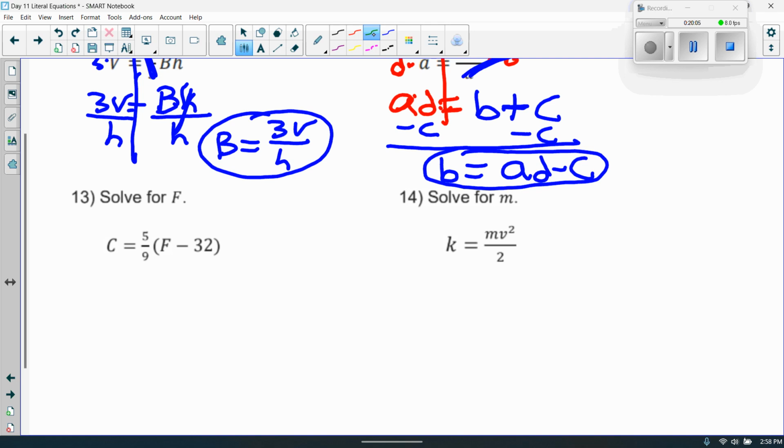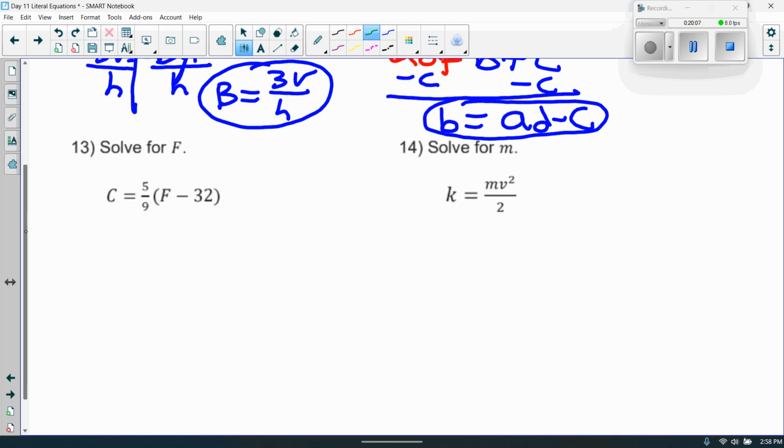It says 5/9. Why don't we just get rid of the 5/9? So you could divide both sides by 5/9. It's going to get a little weird looking when you do that. So remember, the way to get rid of a fraction is just multiply by the reciprocal, which means just flip it. So if it's 5/9, multiply by 9/5. And whatever you do to one side, got to do to the other.